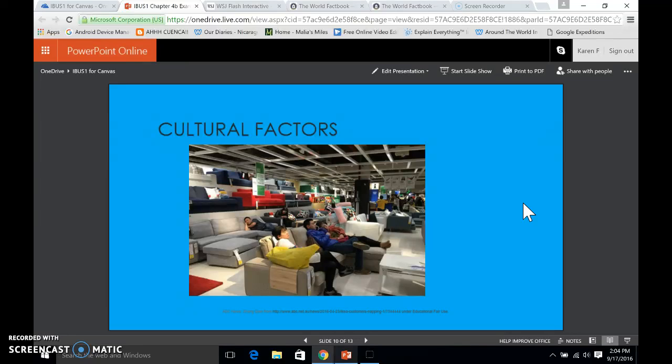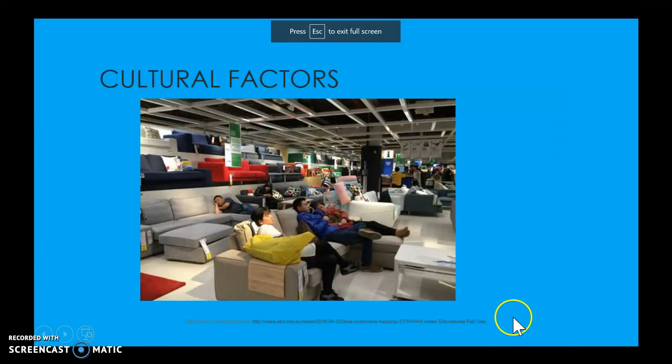But there are other cultures where the private and the personal really overlap, and that's called a diffuse culture. There's less distinction between public and private, and a good example of that is China. So in doing the analysis, it behooves you to ask: are there cultural factors that would influence my entry into that market?